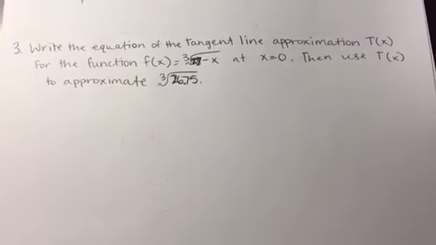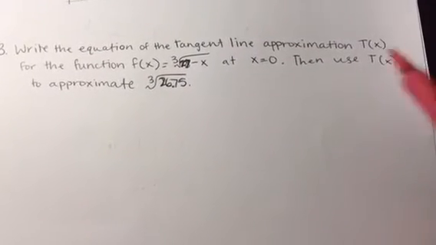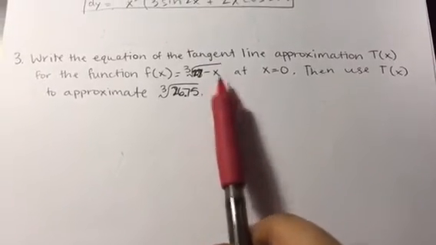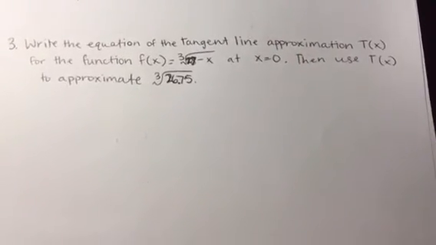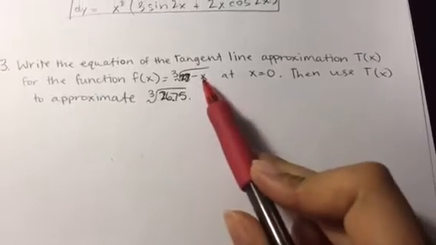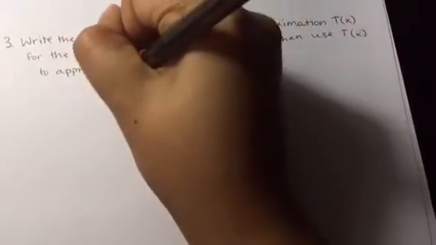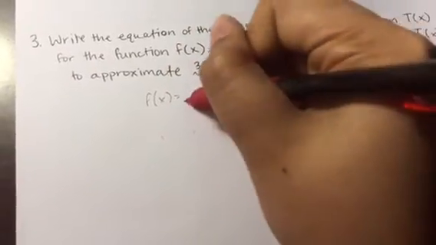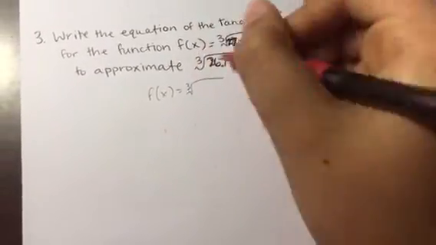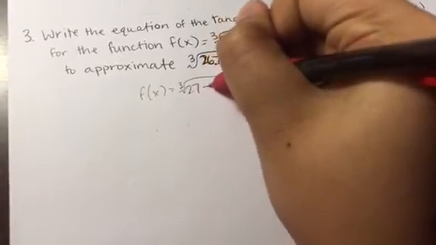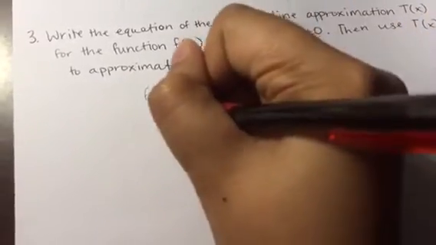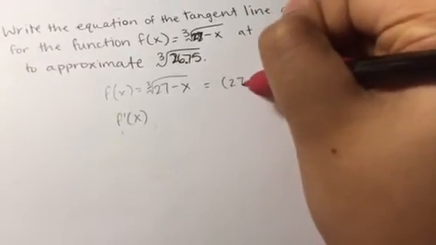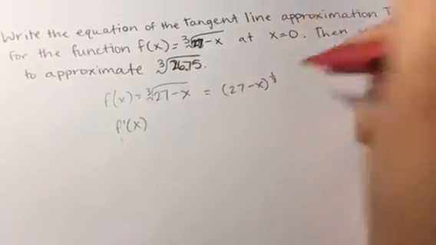For this problem, we have to write the equation of the tangent line approximation for this equation. Since it's the approximation, I first take the derivative of this equation. We have f of x equals cube root of 27 minus x, which equals 27 minus x to the 1/3 power.